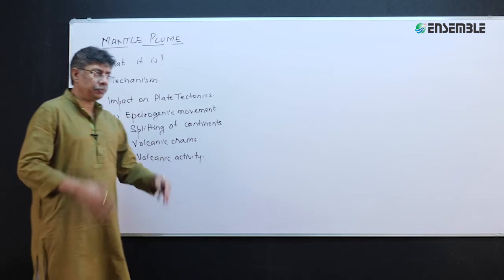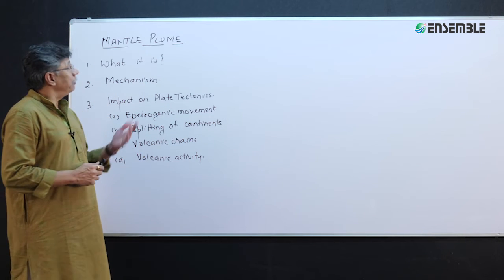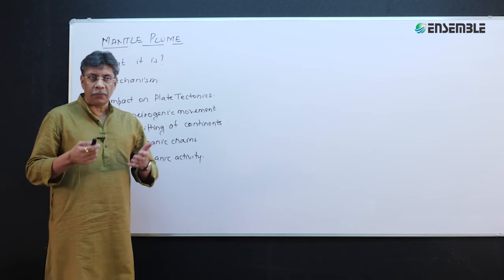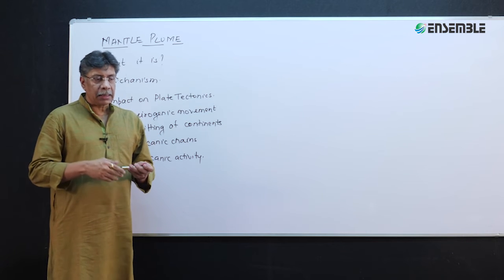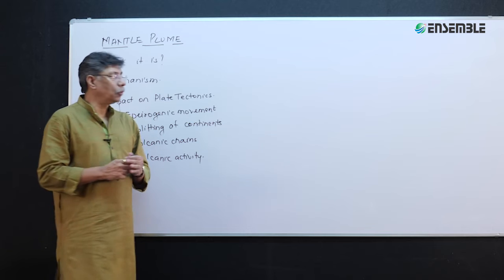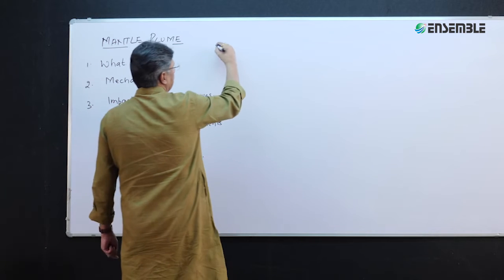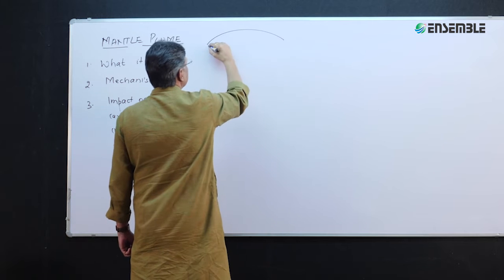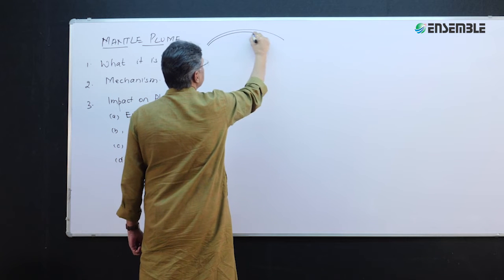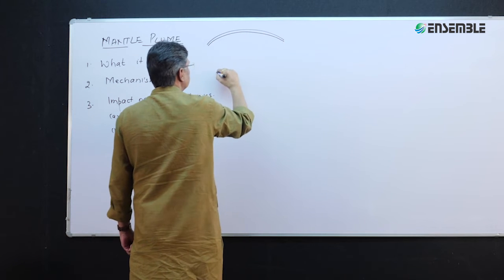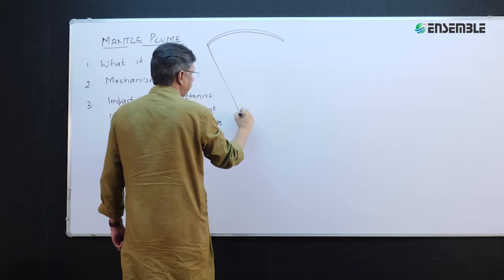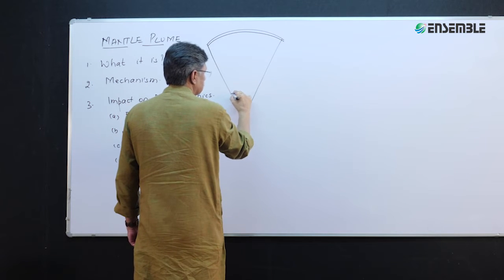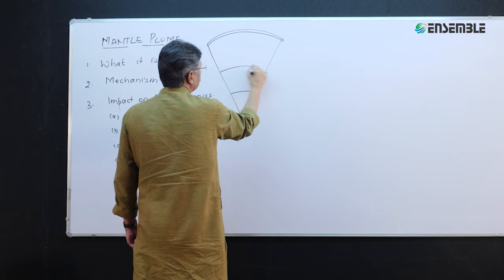Beginning with the first part, a mantle plume is effectively a column of magma that originates somewhere on the core-mantle boundary. If you consider this to be the whole of the earth, this is going to be the crustal portion, this is the inner core, that's the outer core.